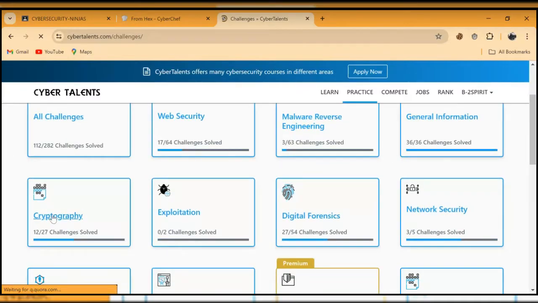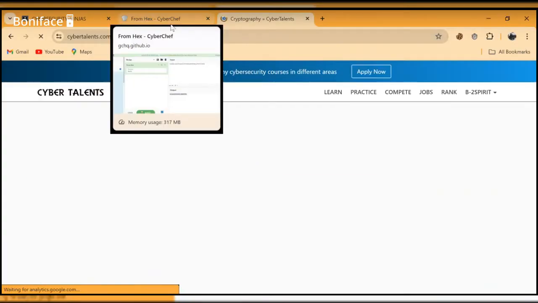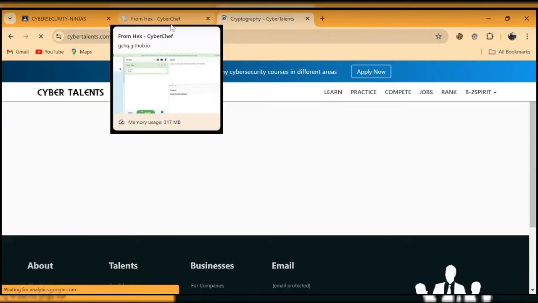Somebody is asking a question: how would you know if it is hex or base 64? Now, there are ways of recognizing those things. That's why when materials are dropped, it's nice that you go through them very well. If you want to identify, let's start with MD5.